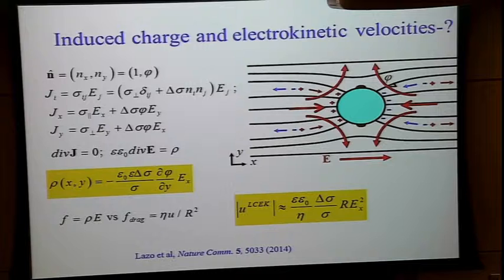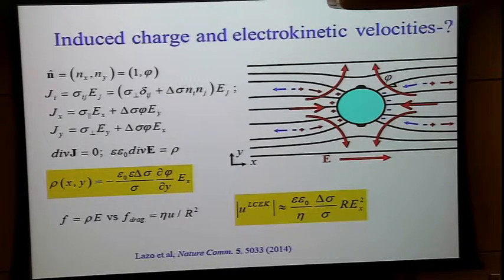And from this simple system of equations, I write down the expression for the volume density of electric charges as something proportional to the anisotropy of conductivity, the gradient of the director field, and the amplitude of the electric field.